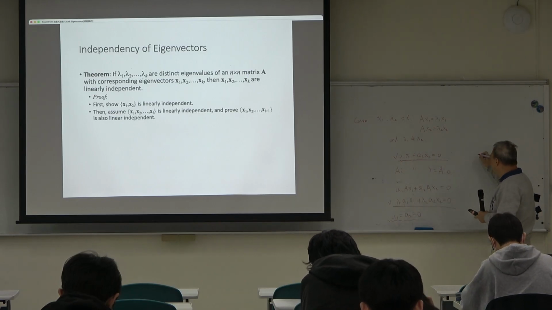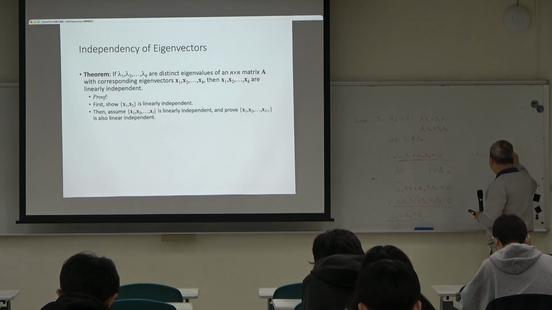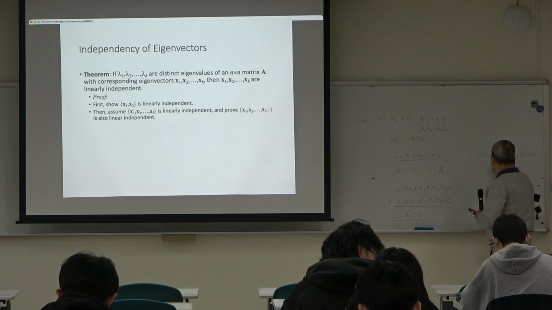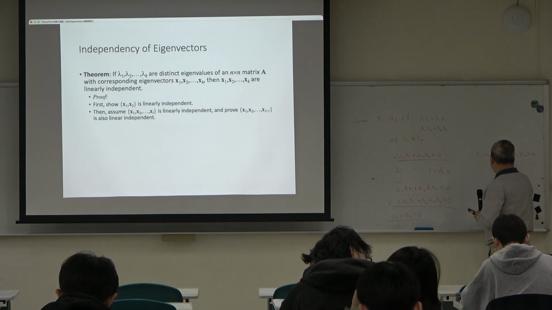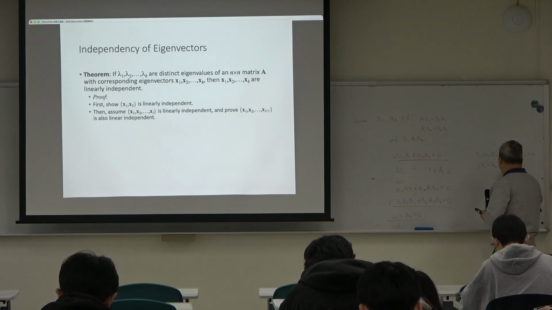So it becomes lambda 1 a2 x2 minus lambda 2 a2 x2 equal to 0. But then basically (lambda 1 minus lambda 2) a2 x2 equal to 0.